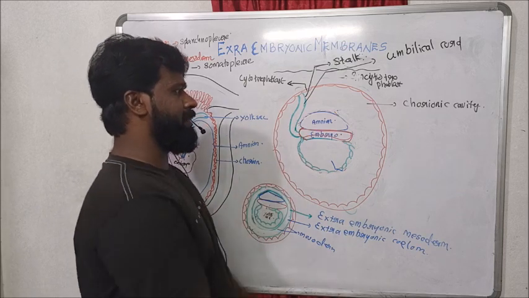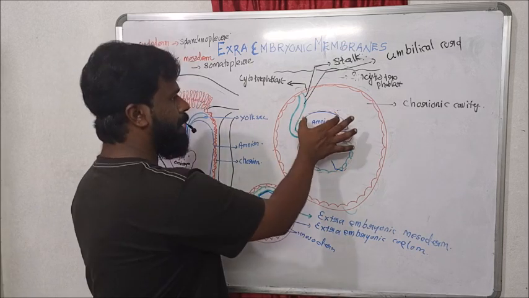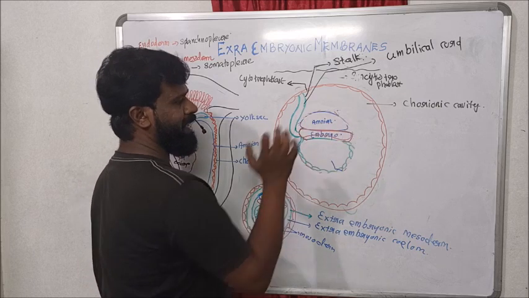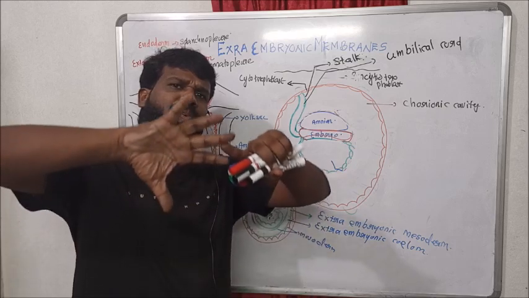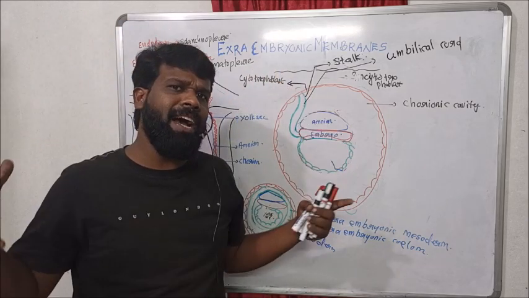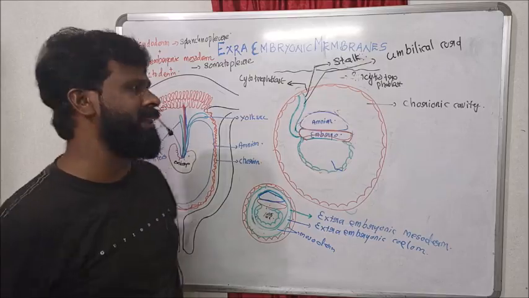Then see here: amnion, embryo and yolk sac. At this stage, the amniotic membrane expands and folding of the amniotic membrane takes place.